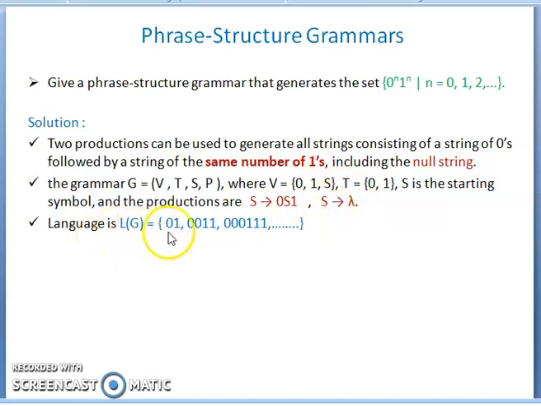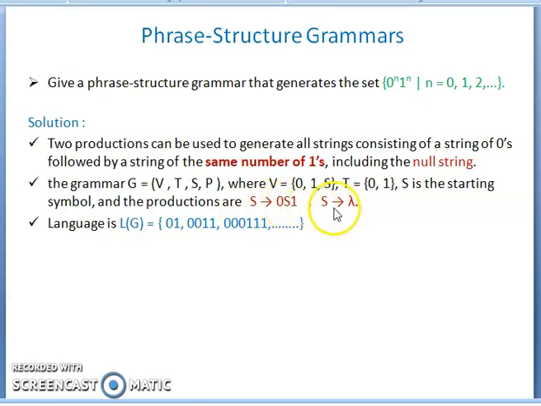Now for the language, if you put S as lambda, the null string, you will get only 0 1, a single 0 and single 1. If you put 0S1 instead of S, and again put 0S1, that gives 0 0 S 1 1: two zeros on the left, two ones on the right, and one S in between.